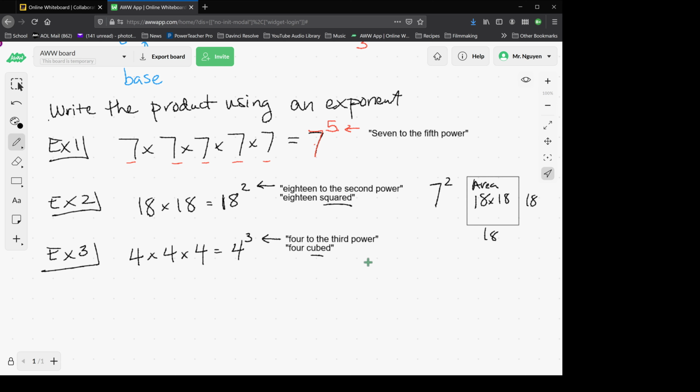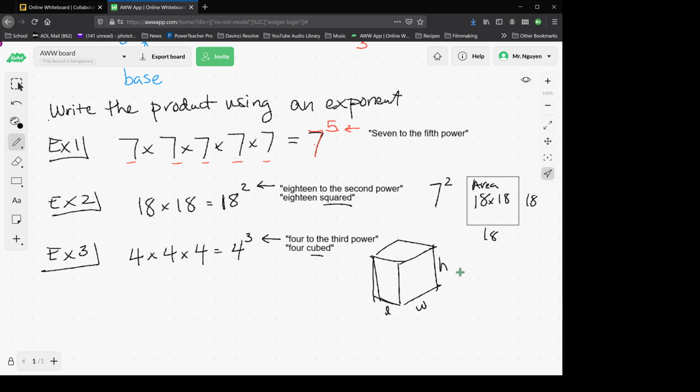Now, for a cubed, we're dealing with volume. So you have a three-dimensional figure. If you want to find the volume of a box, you have length times width times height. And if they're all the same number, that will become a cube. You guys get it? It's a cube.